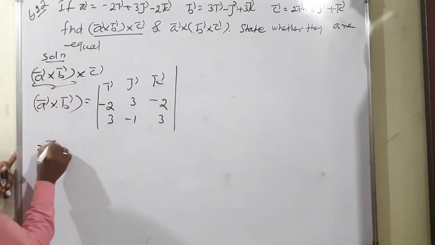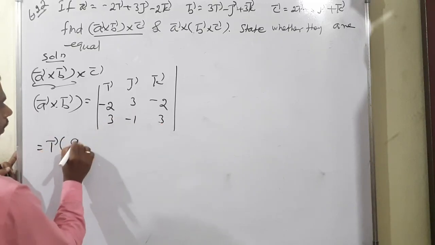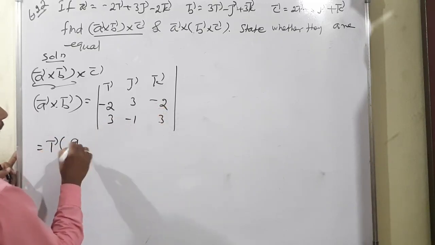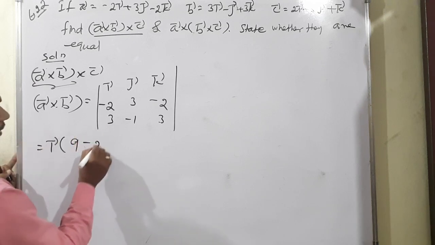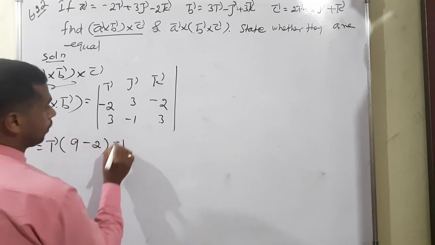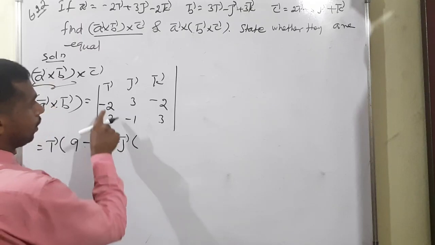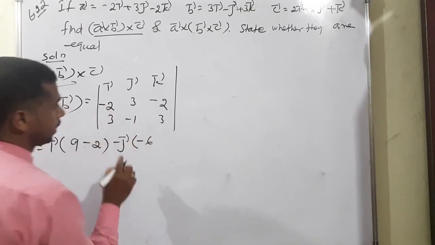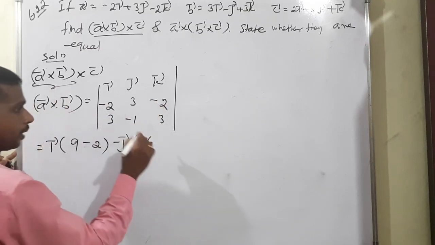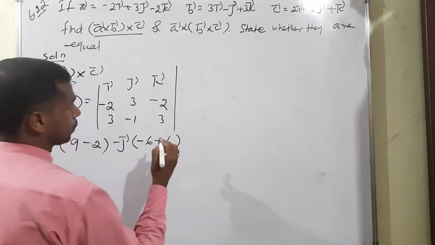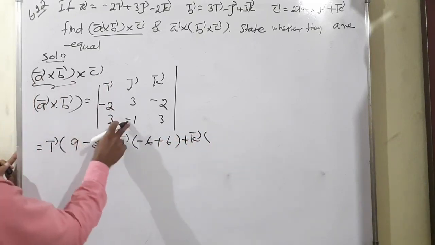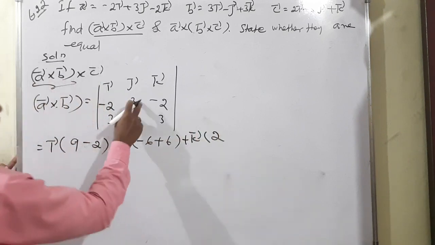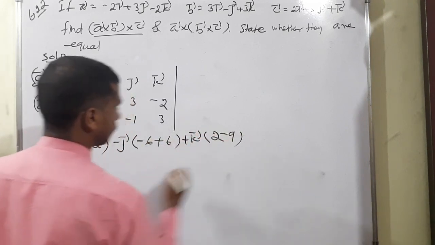So now, i vector: 3 into 3, 9. Minus 2 into minus 1 means positive 2. Whenever cross multiplying, extra minus, that is called minus 2. Again, minus j vector: minus 2 into 3, minus 6, but cross multiply means positive 6. Again, plus k vector: minus 2 into minus 1, positive 2; 3 into 3, 9, but minus 9.